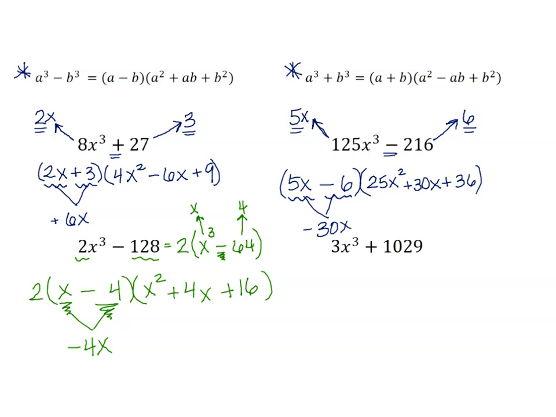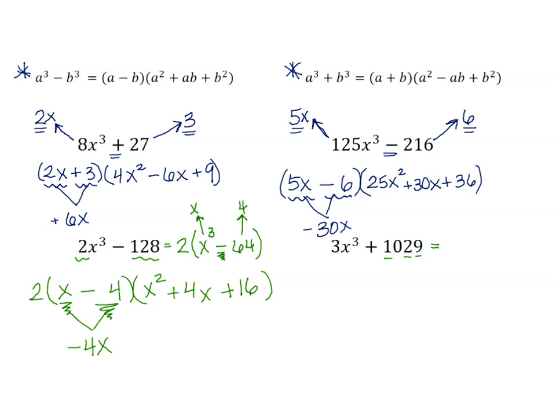All right, let's try one more. So here, I know that 3 is not a perfect cube, and I suspect this number is divisible by 3 because 1 plus 2 plus 9 gives me 12, which means that number is divisible by 3.